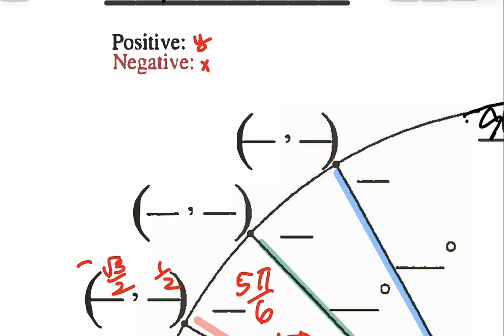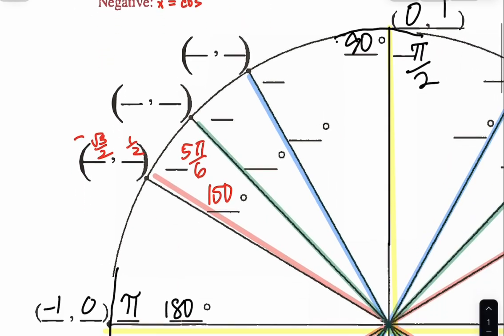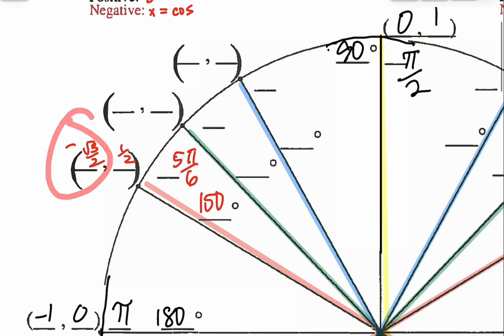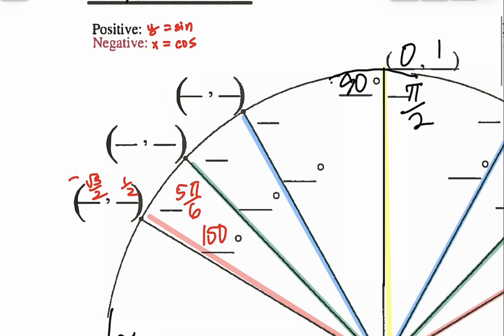So that means that our sine is positive, but our cosine is negative. So if I said, what is the cosine of 5 pi over 6? Oh, it's that one. Cosine is negative square root of 3 over 2. If I said, what is the exact value of the sine of 150? 1/2. You don't have to use a calculator.